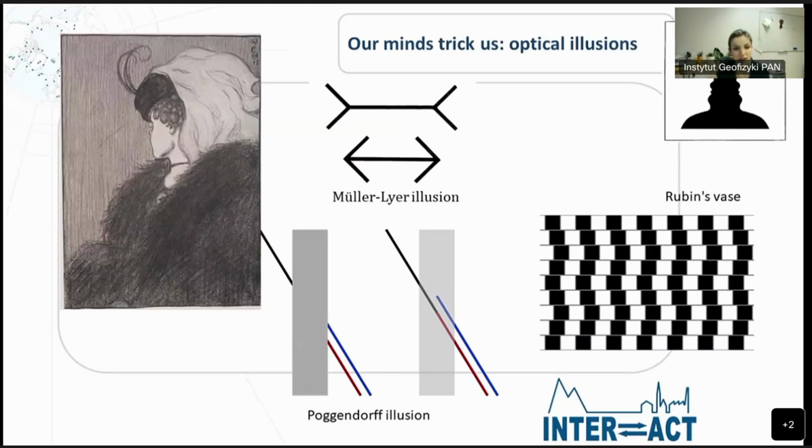And it's quite difficult to see two of them at the same time. So at any given moment you see either those two faces, or this vase.